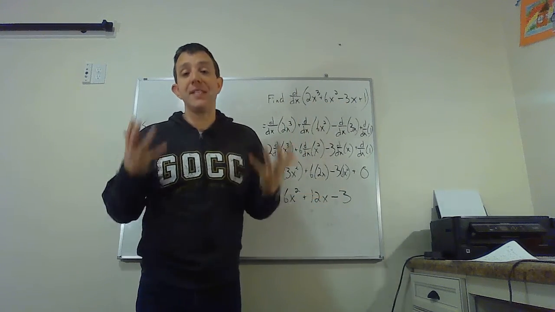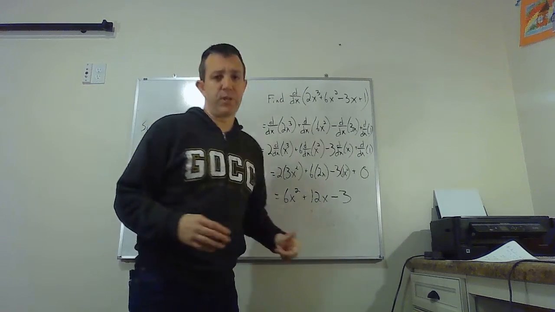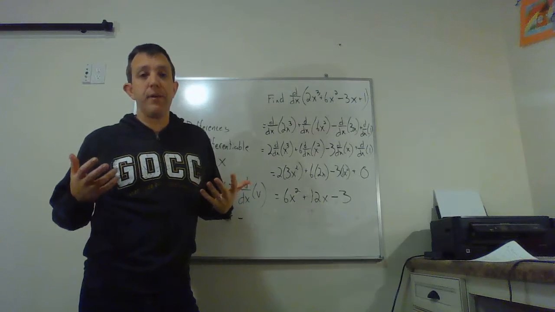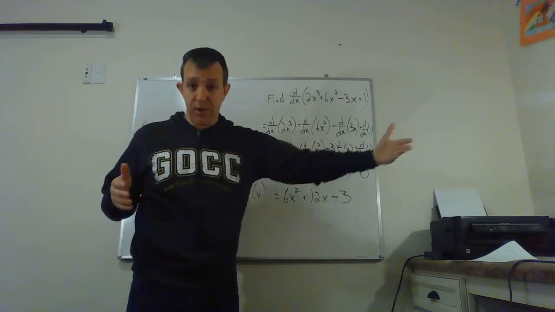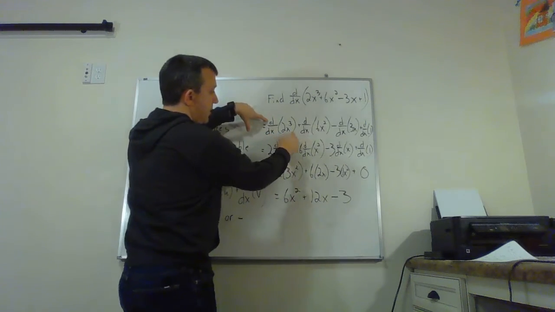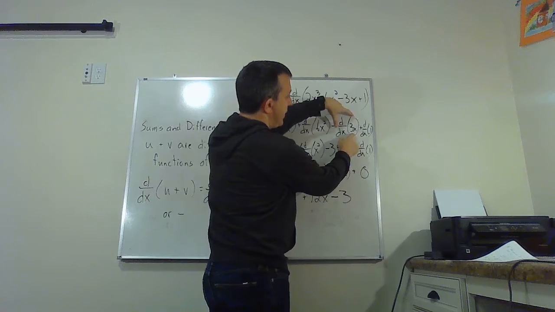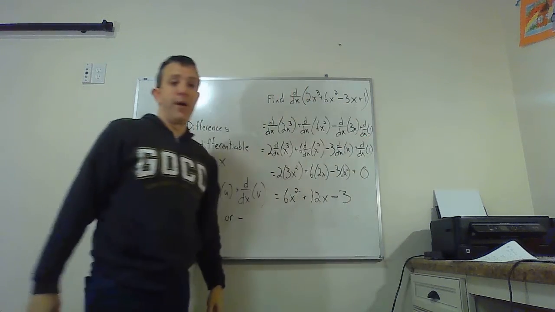But the good news is it's not that bad because you can split it up across all those sums and differences. So you can take the derivative of 2x cubed and the derivative of 6x squared minus the derivative of 3x plus the derivative of 1.